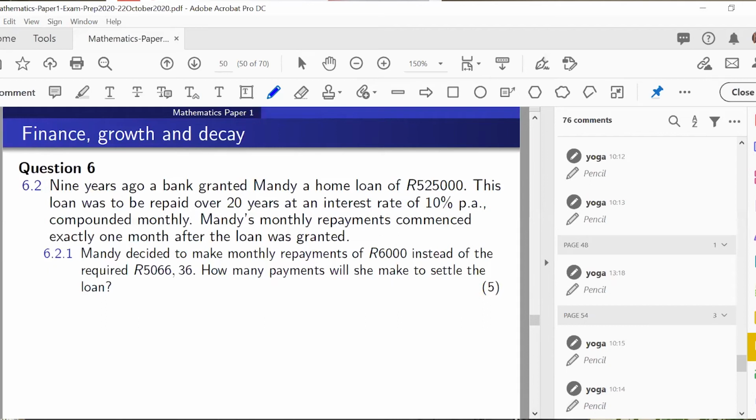Now, Mandy's monthly repayment commenced exactly 1 month after the loan was granted. Mandy decided to make a monthly repayment of 6,000 instead of the required 5,066 rand 36 cents. How many payments will she make to settle the loan?